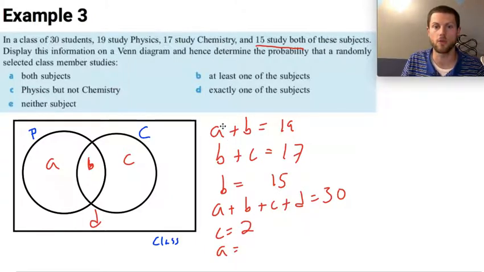A is whatever plus 15 is 19, so A must equal 4. And then D, that would be 4 plus B, which is 15, so 4 plus 15, that's 19, plus 2 is 21. So that means that D must equal 9.